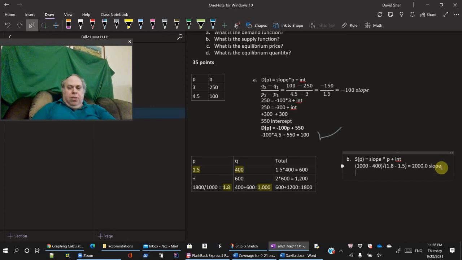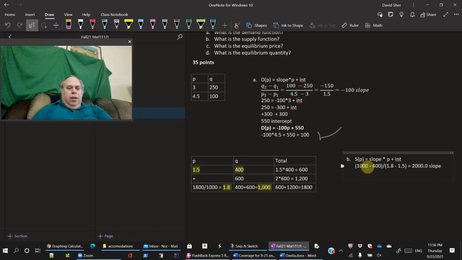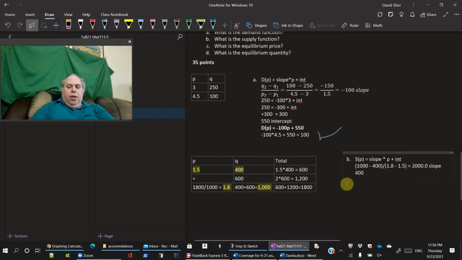Now, we're going to get the intercept, and once again, I'm going to use the first one because the numbers are relatively easy. The quantity will be 400, that's the supply, will equal the slope, which is 2,000, times the price, which is $1.50, plus intercept. 1.5 times 2,000 is 3,000, plus intercept.